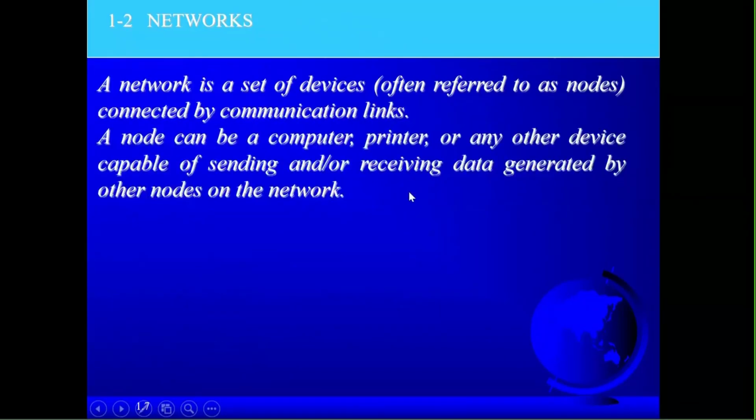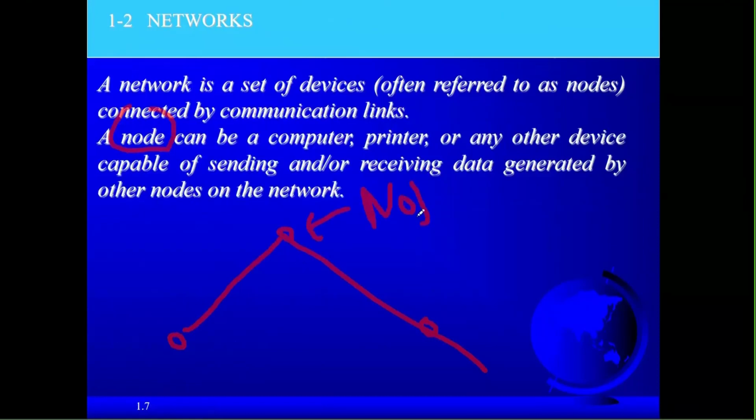So what's the definition of a network? We said a set of devices connected to each other, a node. We use the terminology node a lot. So if I'm drawing a graph like this, for example, this is what we call a node. Again, a node could be a switch, could be a router, okay? We're going to draw different topologies later on.